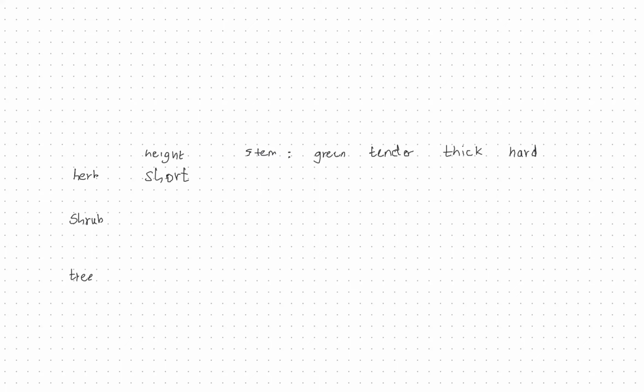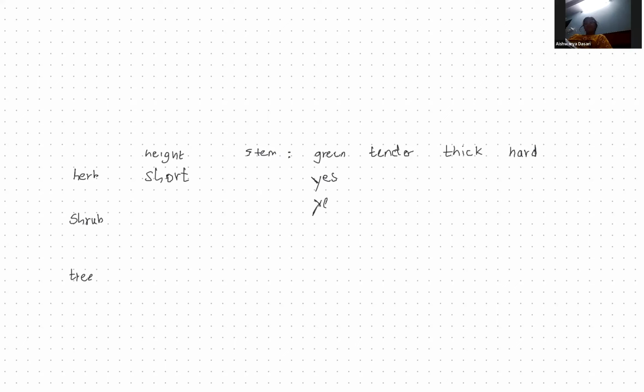After stem. I told you to write green, tender, thick, and hard, right? Yes, ma'am. So all herbs, shrubs, and trees are green, so you should write yes, yes, yes. Ma'am, in tender. Yeah, in tender, I'm asking you, are herb stems tender or not?